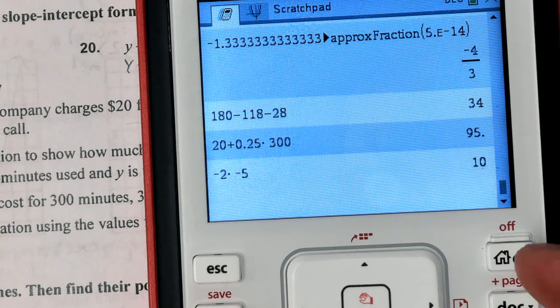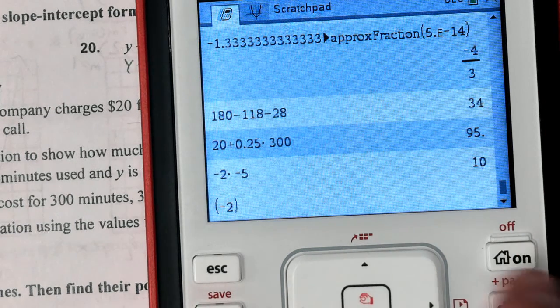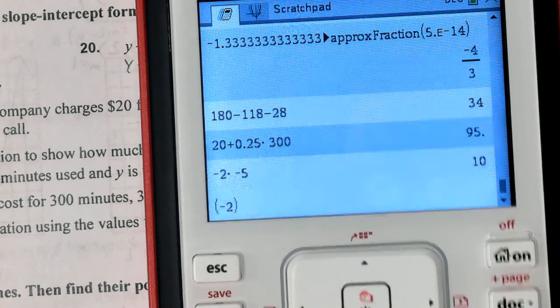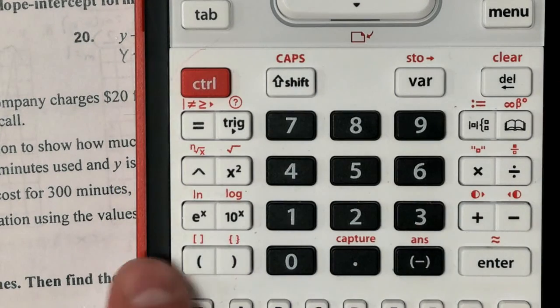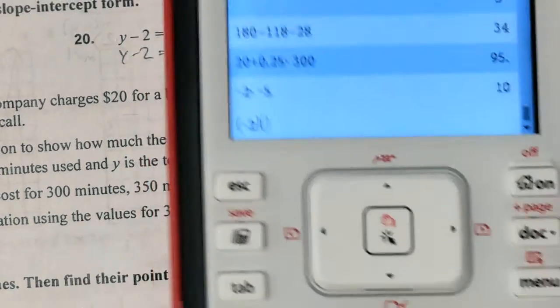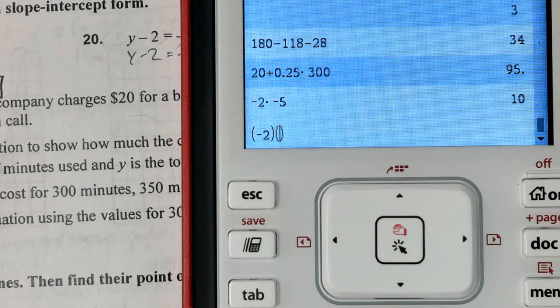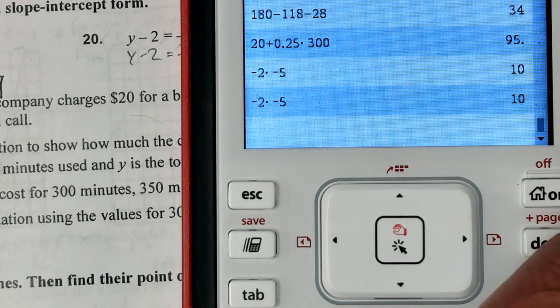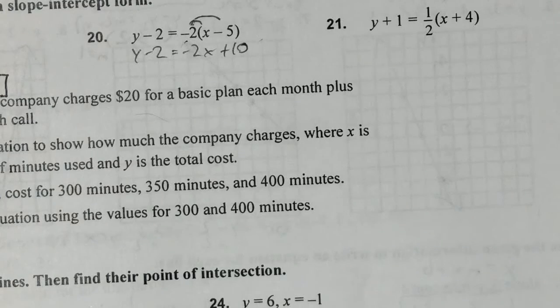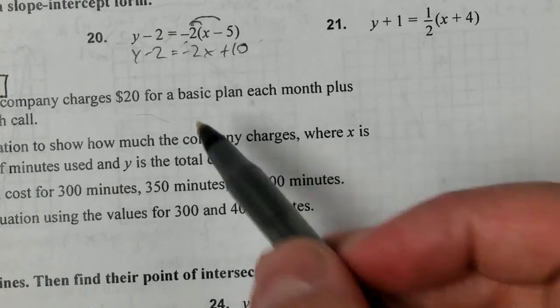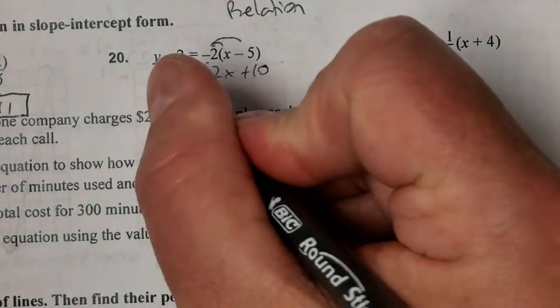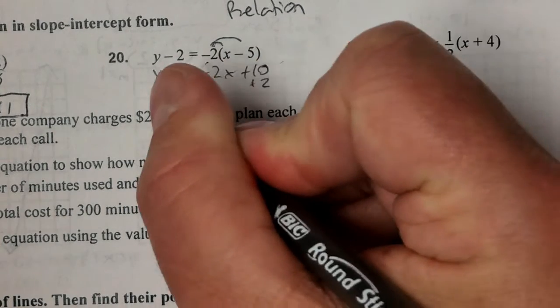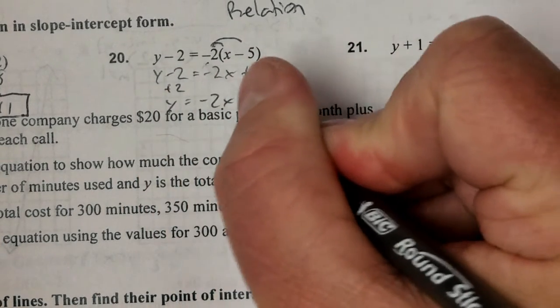Or if you'd rather do parentheses around them, you can. Just remember, whenever you open a parentheses, let me show you, I'm just going to push the open. It does the open and close, and so just make sure it's right. It converted it to the same thing, and it's right. Any questions? Okay, from there we want to add 2 to both sides, and so we get y equal negative 2x plus 12.